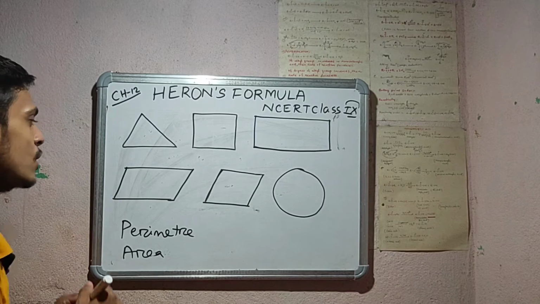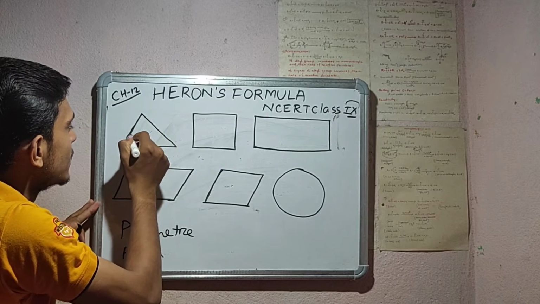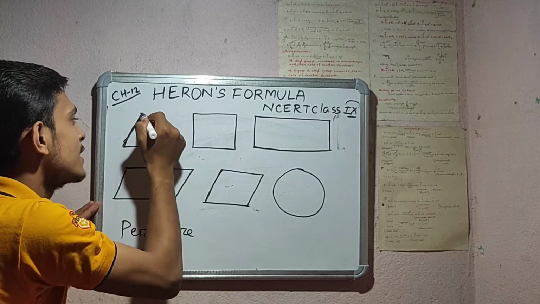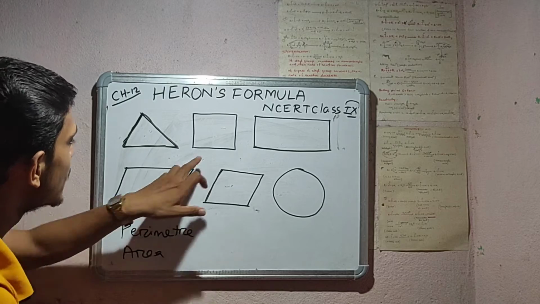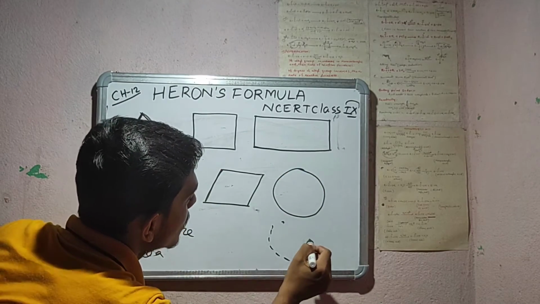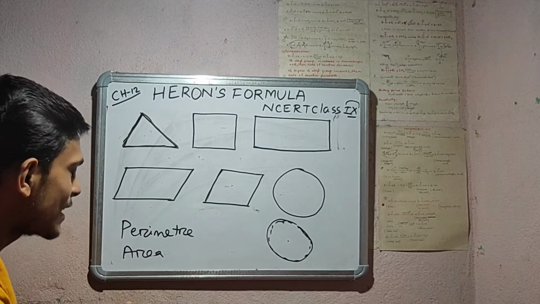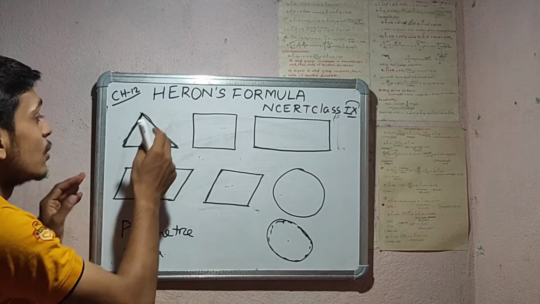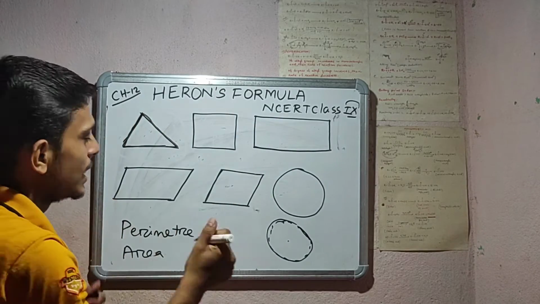Perimeter means the border line, the length of the total border line, this line. You see this line? This is a length, and this is also a length. When we add these 3 lengths, or here 4 lengths, or in a circle where the points combine to form a line. So perimeter means the length of the total borderline in any figure.